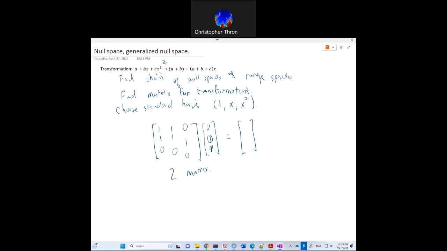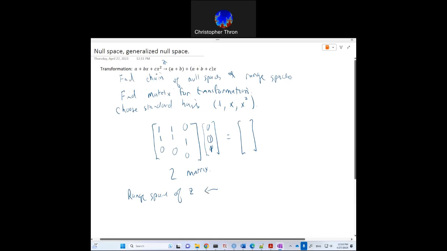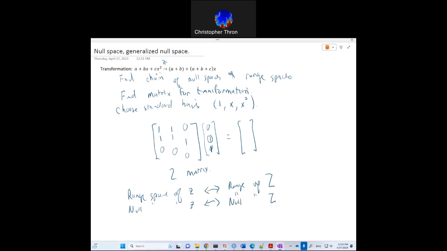So the range space of small z comes from the range of matrix big Z, and the null space comes from the null space of Z.